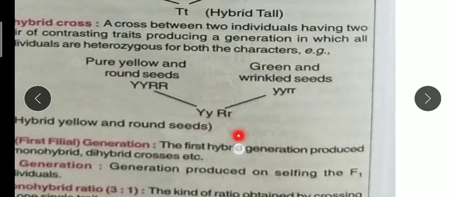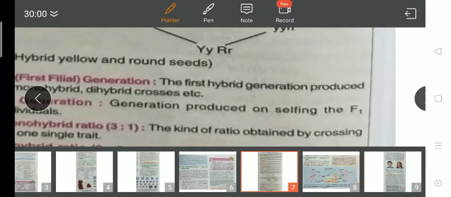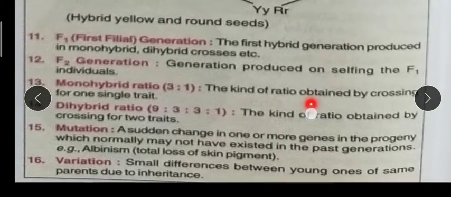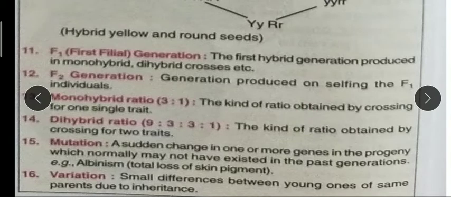Remember, as I am telling you again and again, the dominant gene is always ruling. In the genetics chapter, this terminology is very important, because if you know the terminology, then you will understand the other laws given by Mendel.